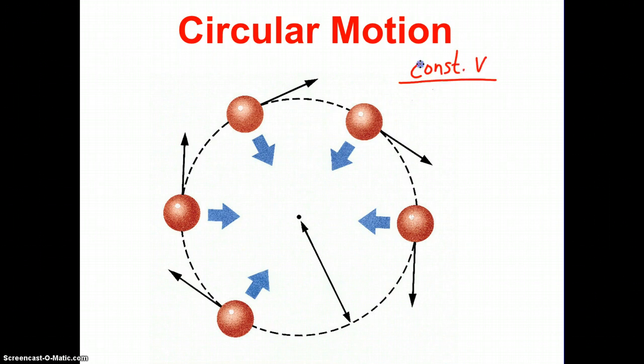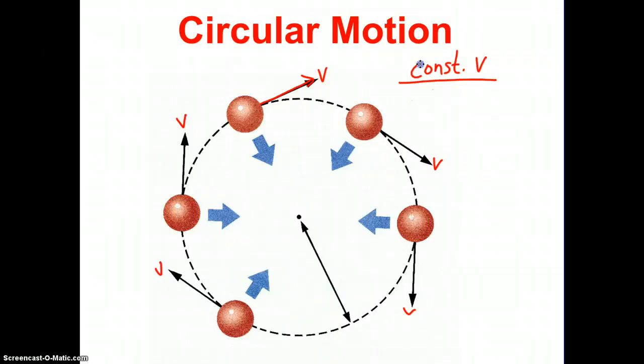One thing to note here is that at any given moment during the rotation around in the circular path, the velocity is tangent to the circular path. And so each of these arrows being labeled represent the tangential velocity of the object traveling in the circular path, and that velocity remains constant.